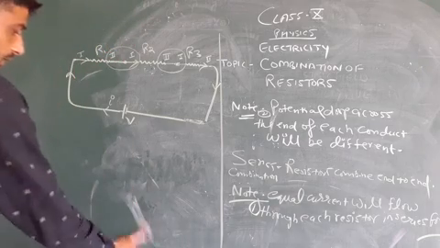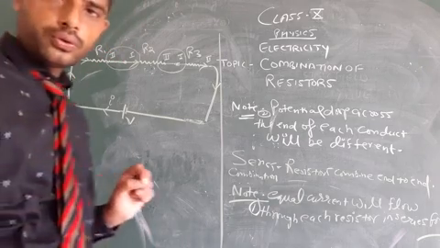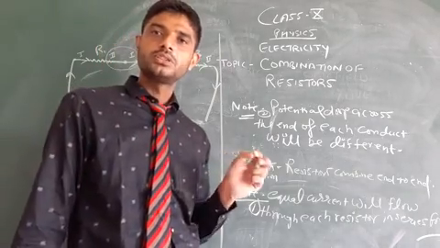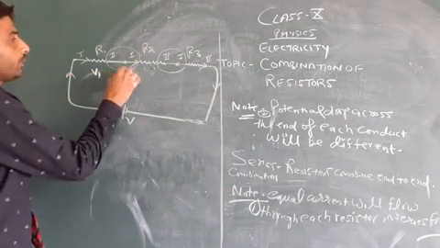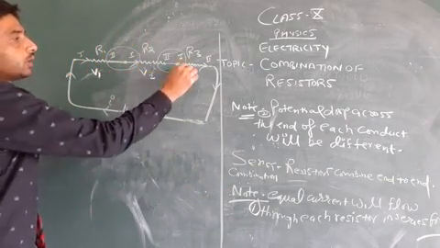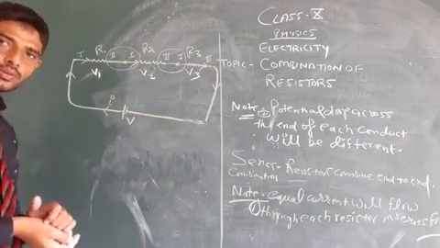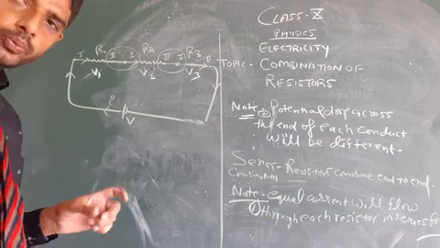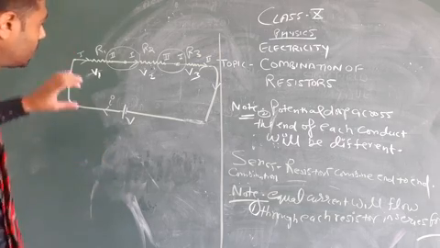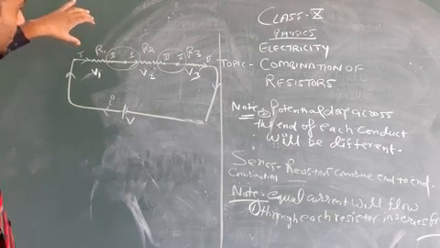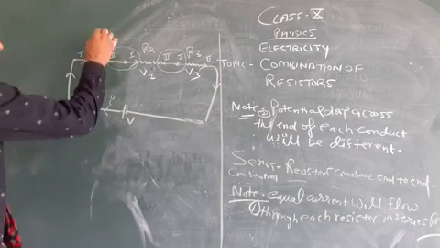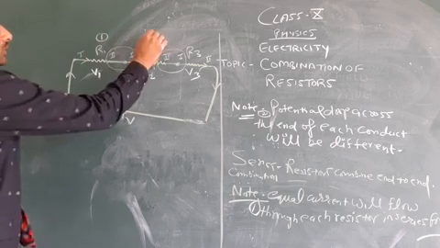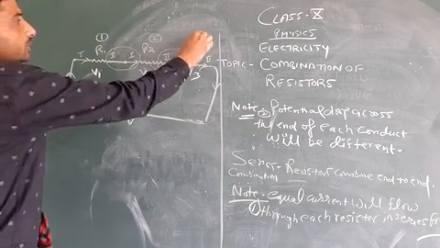And the value of potential drop, let this be V1, V2 and V3. The potential difference or potential drop across resistor 1, resistor 2 and resistor 3.